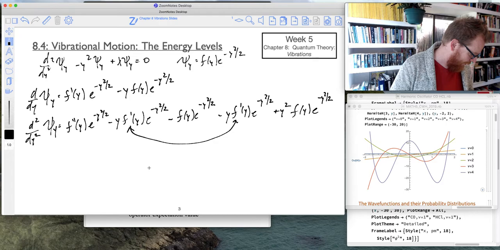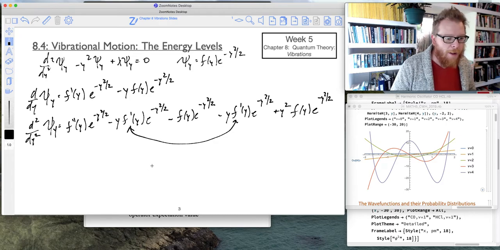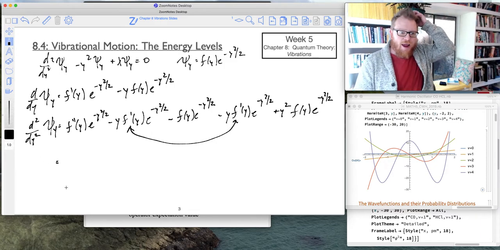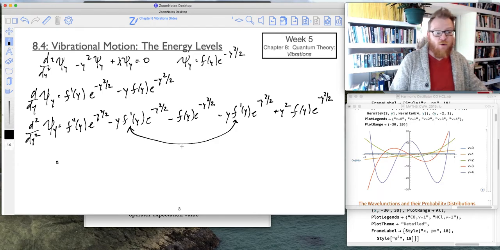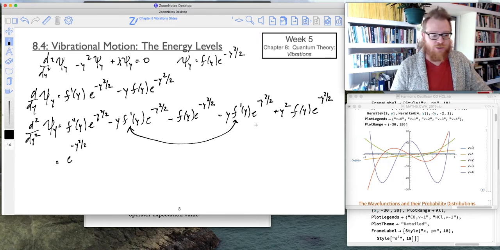Let's see here. Okay, so let's keep track of this. Let's keep this going. So I'm going to say now all of this equals. And then another thing that I'm going to do, you can tell right away that I can factor out an e to the negative y squared divided by 2 out of all of these terms. So I'm just going to do that straight off the bat.